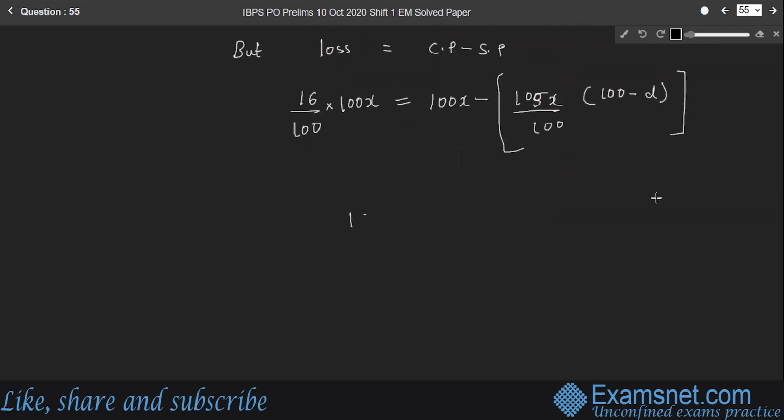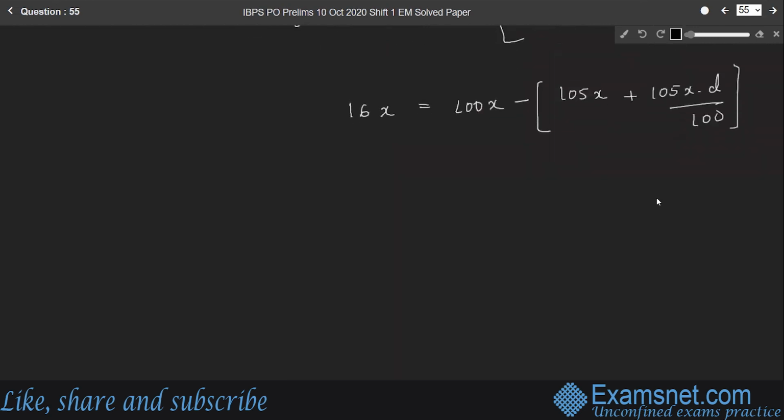Cancelling 100, 16x is equal to 100x minus 105x plus 105x into D by 100.